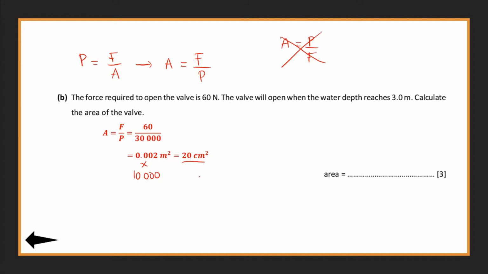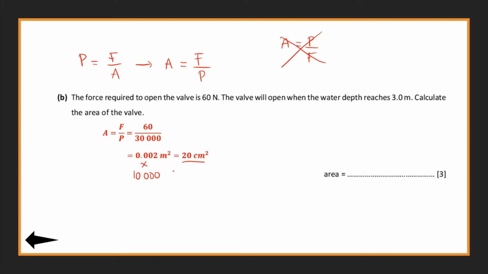Can you answer this question in meter squared? Yes, you can. So you can choose which unit you want to use, meter squared or centimeter squared. They both are correct, as long as you write down the correct value, of course.